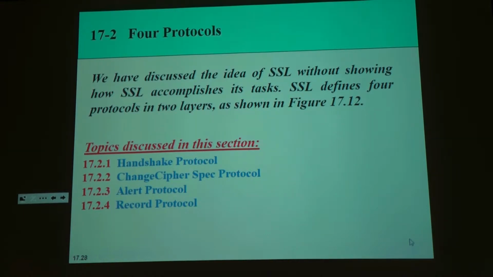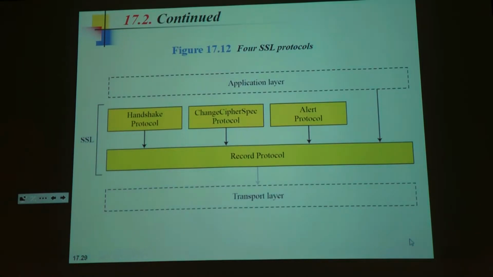SSL defines four protocols in two layers, as shown in the figure here. So this is the transport layer, this is the application layer, and in between them we have four protocols. The first protocol is the Handshake Protocol. The second is the Change Cipher Spec Protocol, then the Alert Protocol, and the Record Protocol that moves the data.